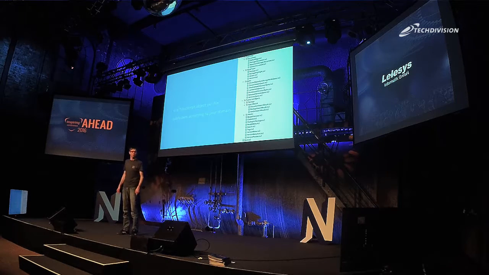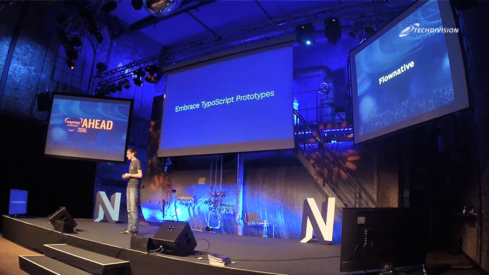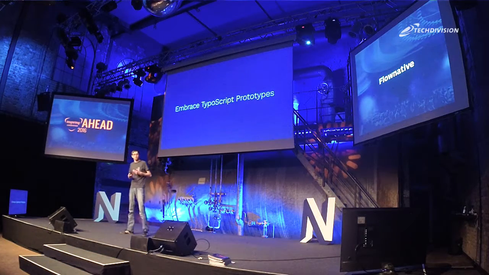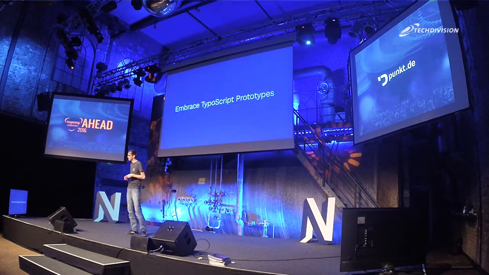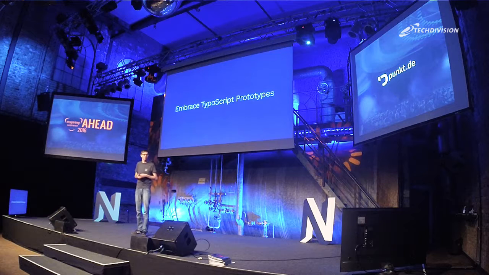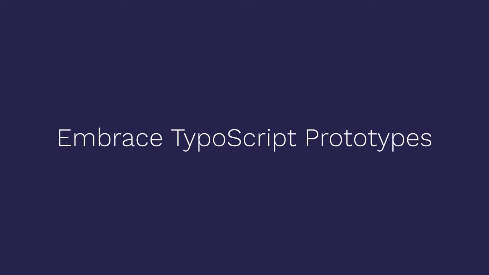Right, so that's about the file structure. I think that's a pretty basic, pretty standard thing. The second thing, which I think is a best practice and which we didn't see right from the start, is that you should embrace TypoScript prototypes. And I would like to just show what a TypoScript prototype is.